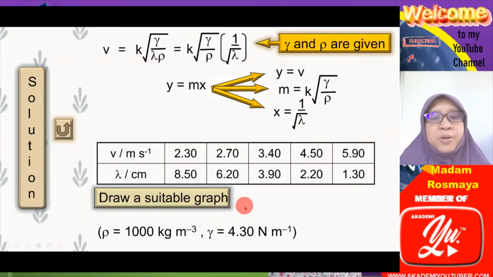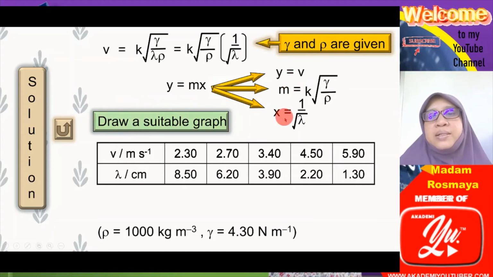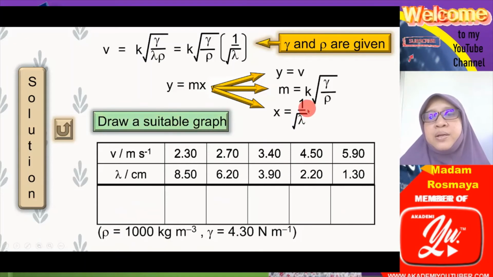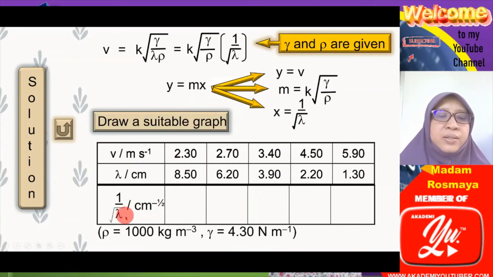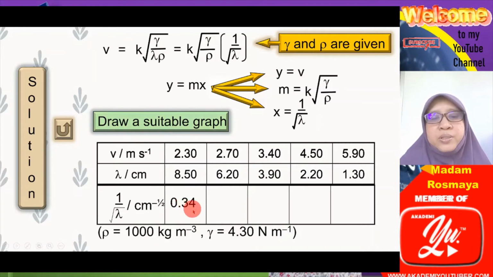Now we are going to plot the graph, y against x. So we add another column here to determine 1 per square root of lambda, the x value. This is the y value, this is the x value, represented by 1 per square root of lambda. For lambda 8.50, we substitute into the equation: 1 per square root of 8.5, we get 0.34.